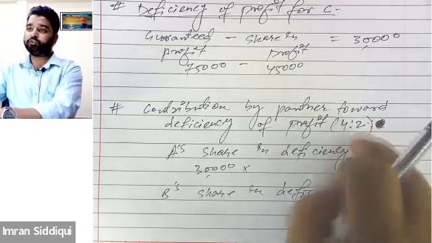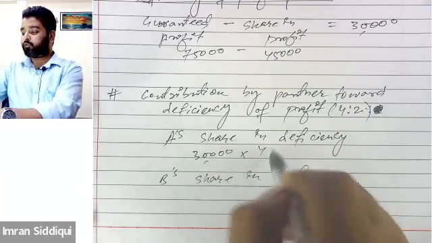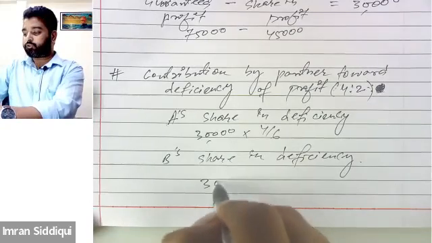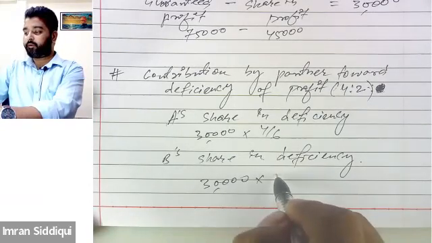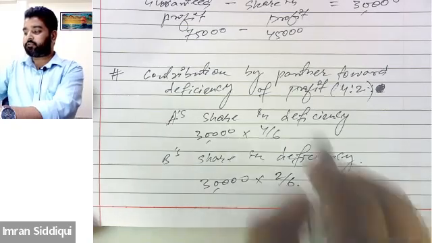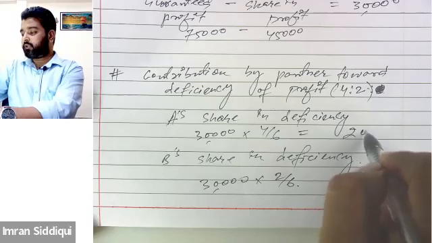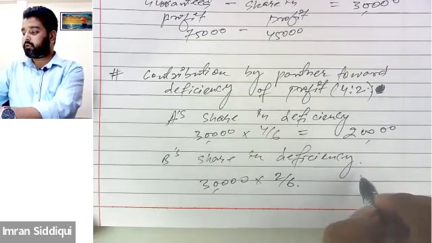The ratio will be 4:2 only. So 4:2 basically means 4/6 by A, and B will bear 2/6. So that means A will have to bear 20,000 and B will have to bear 10,000.